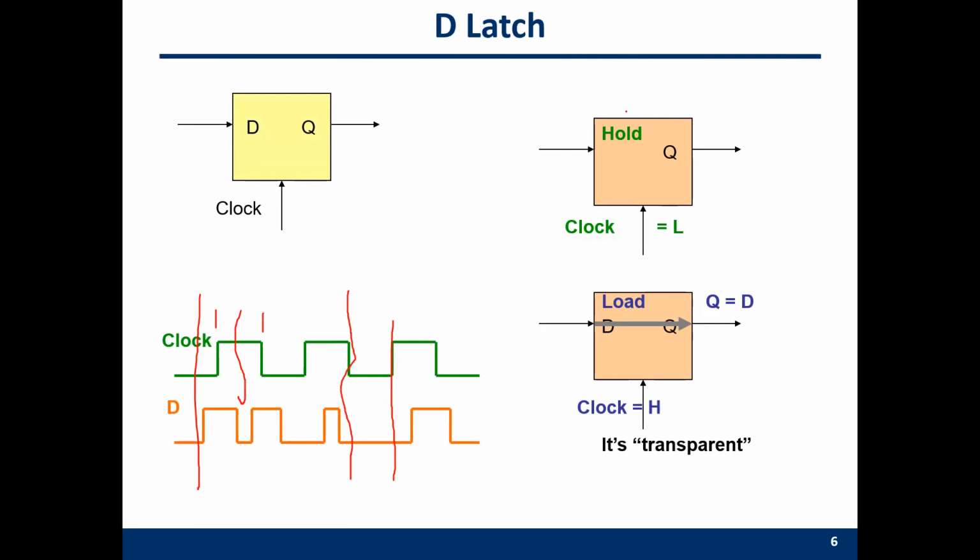The output will not change with the input. Q will not change with the input. But when the clock is high, if there is some change on the input, the output will change immediately.